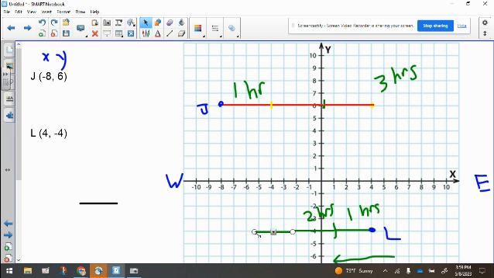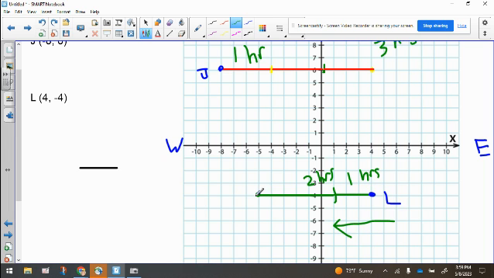There's another 3 kilometers. Now where have we landed? We landed right here. Let's mark the 1 hour chunks. That's 3 kilometers in the first hour, then 1, 2, 3 in the second hour, and this line right here represents the third hour.